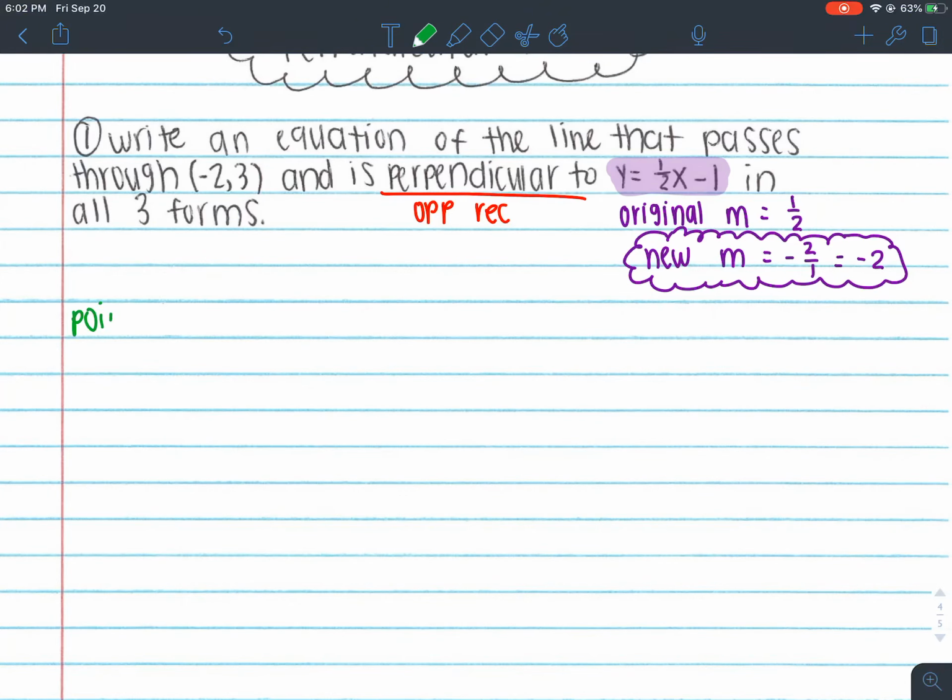All right, so we're going to start in point-slope form. y minus y1 equals m times x minus x1. And I want to go ahead and bring out my point here. I want the new line to go through the point -2, 3. So I have the point -2, 3. Go ahead and write my point here. Move all this stuff down a little bit.